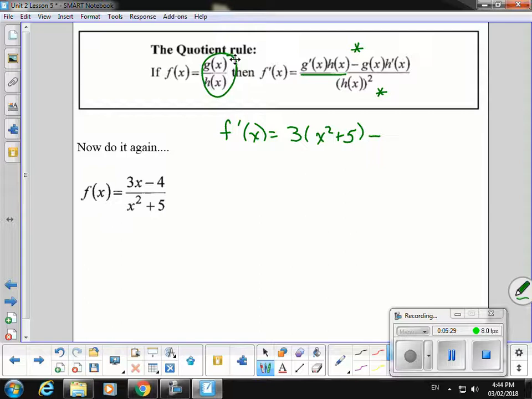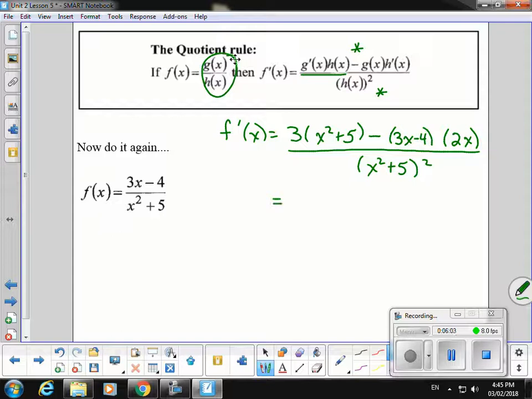Subtract the top times the derivative of the bottom, and the derivative of the bottom is 2x, all over the bottom squared, x squared plus 5 squared. That is our derivative. We can tidy that up and it would look a lot like the tidy up we did before with a common denominator already implied.